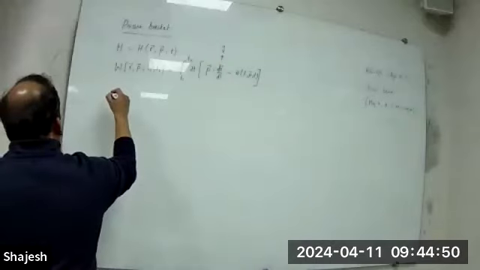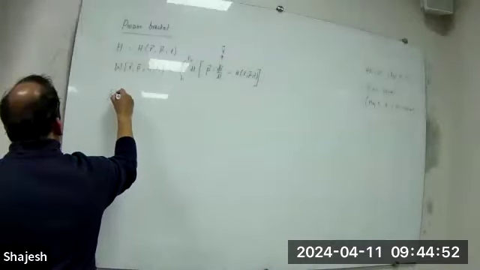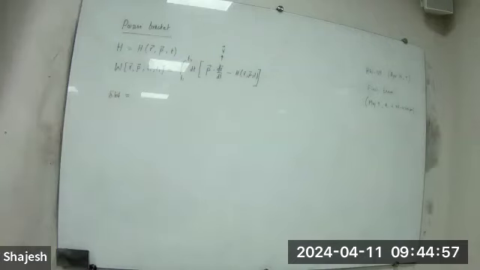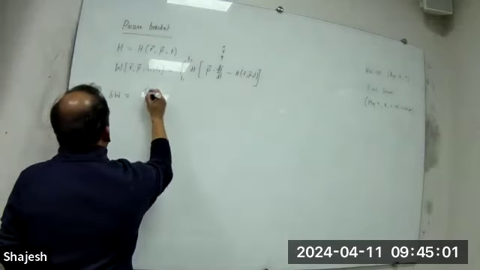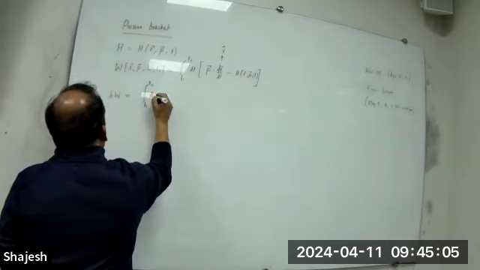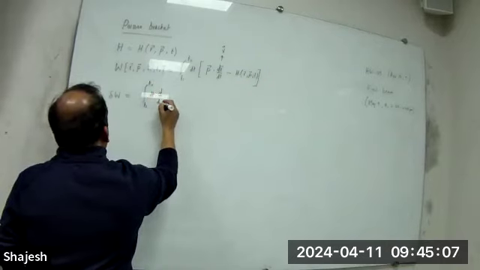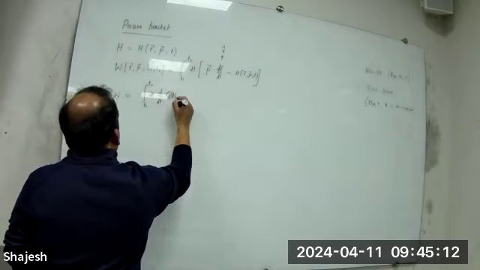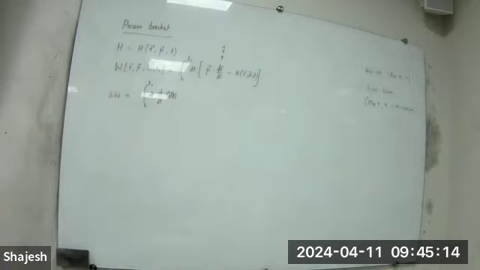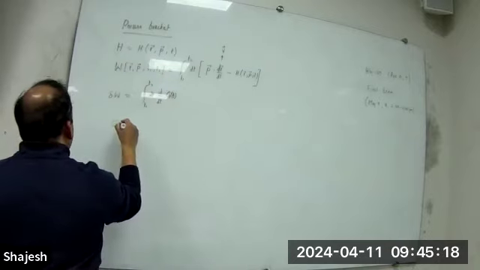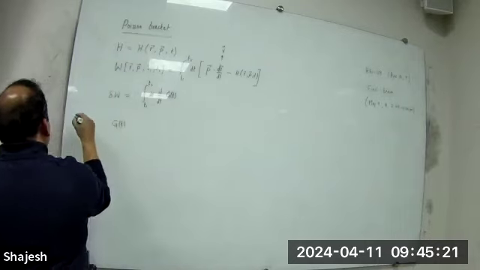And we showed that the total variation in the action, if you use the stationary action principle, gets contribution only at the boundary. That is d by dt of, let's say, G of t. This is called a generator.